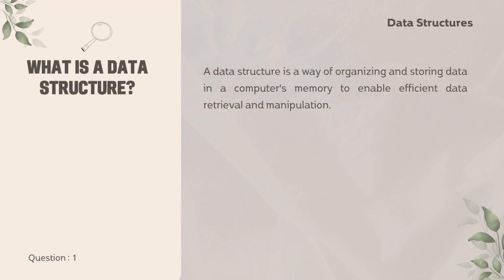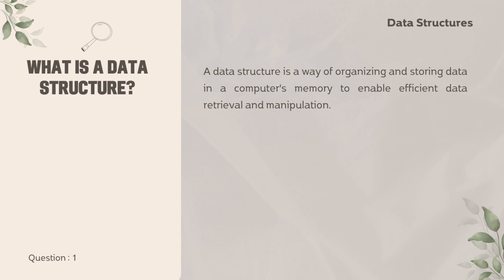A data structure is a fundamental concept in computer science that refers to the organization and storage of data in a way that allows for efficient access, retrieval, and manipulation of that data. The need for data structure arises from the fact that different types of data require different methods of organization to optimize their use.